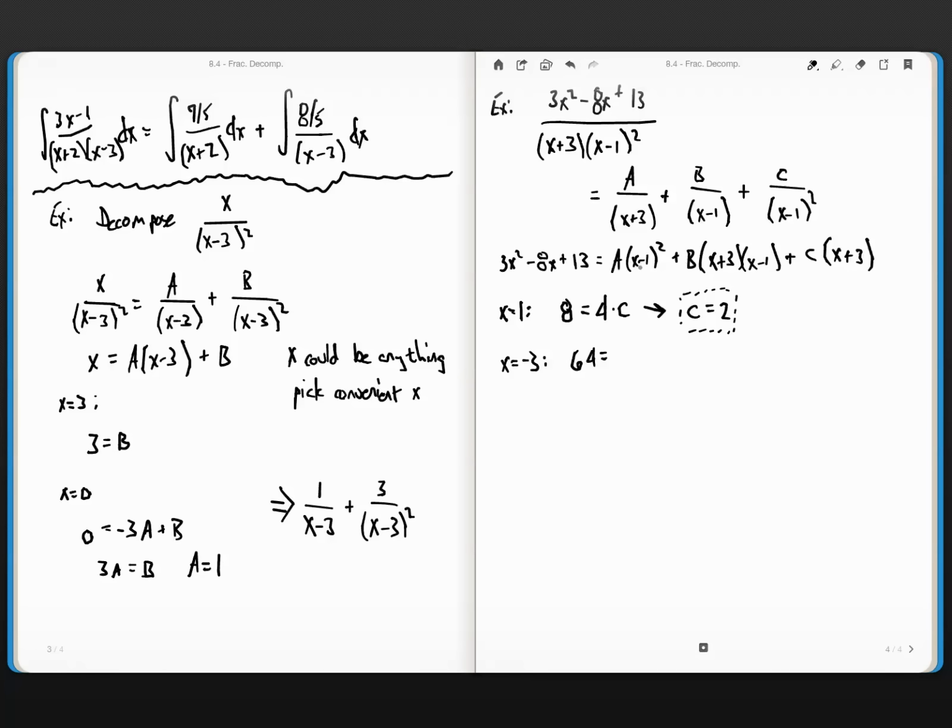Equals, and then all that's left is this, and that's x equals -3, so that's -4 squared, which is +16, so that's 16a. Well, that's convenient, because then this goes away, and this goes away. So this gives me a equals 4.